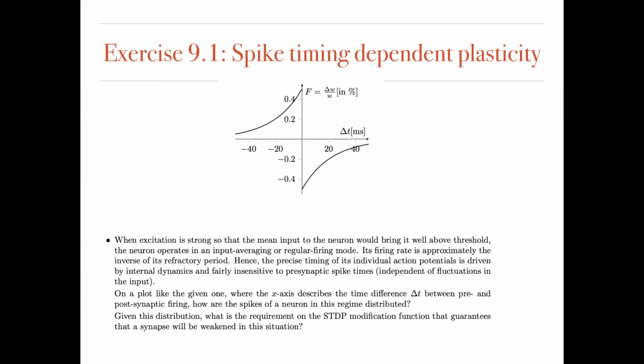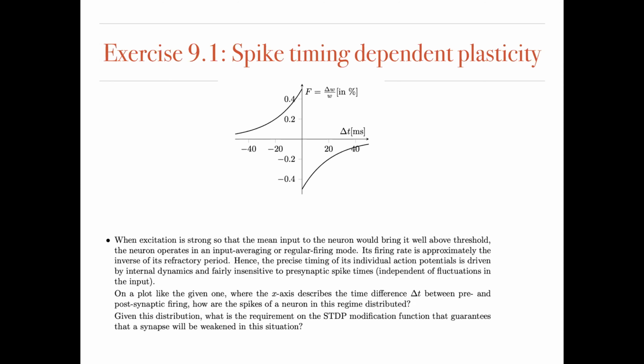Its firing rate is approximately the inverse of the refractory period. Hence, the precise timing of its individual action potentials is driven by internal dynamics and fairly insensitive to presynaptic spikes. In a plot like this one, where the x-axis describes the time difference between pre and post, how are the spikes of a neuron in that regime distributed?